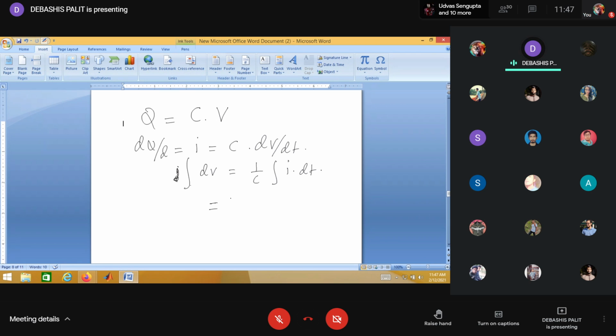So the potential becomes 1 by C integration from minus infinity to t.